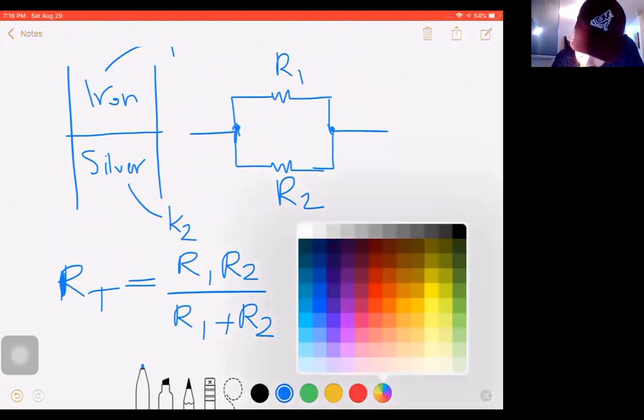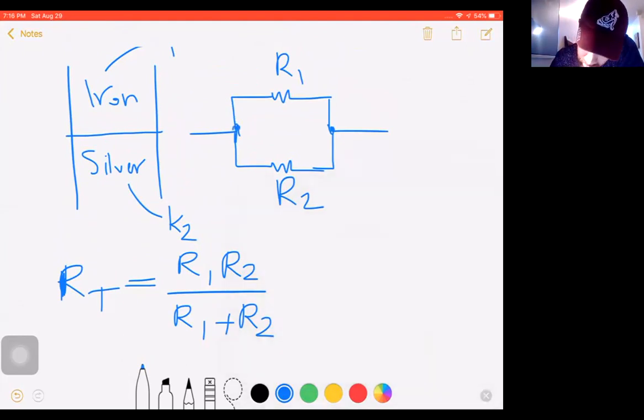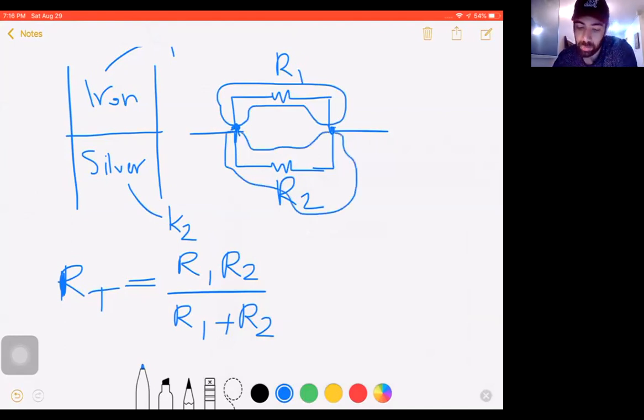If you see, a similar voltage difference is applicable on both the iron and the silver here. So the voltage difference for both the upper and the bottom resistivities is the same. And we know that voltage difference is equal to resistivity times current.